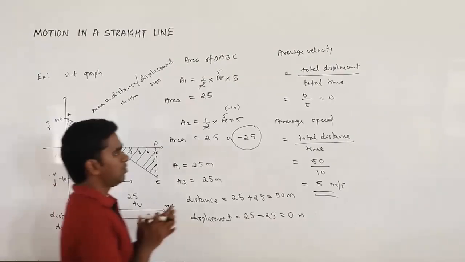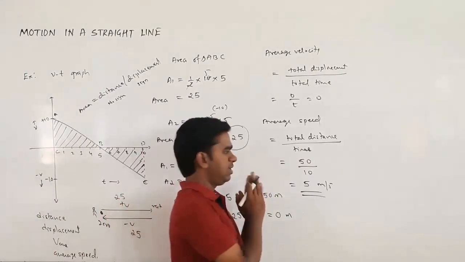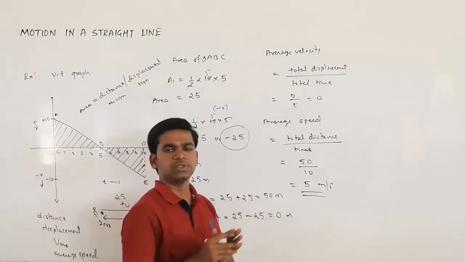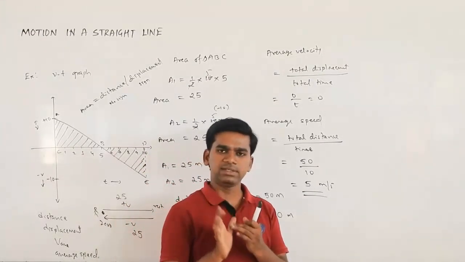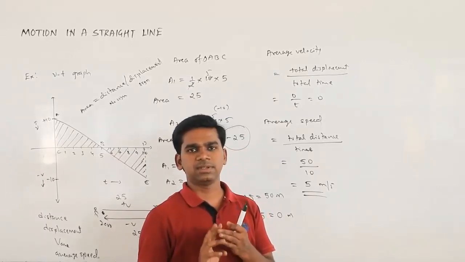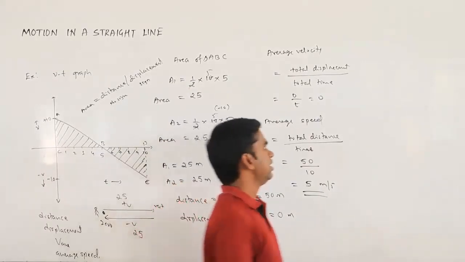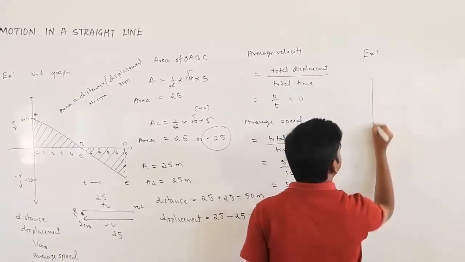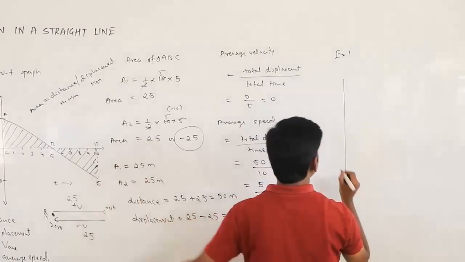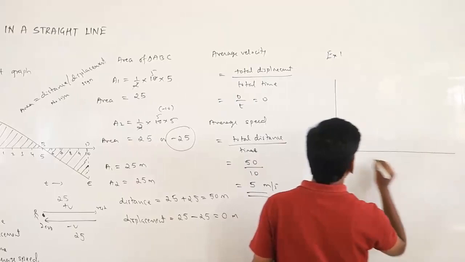Now I will give a similar graph so that you can calculate distance, displacement, velocity, and speed. For example, I will give a simple graph with no negative values. The graph is simply like this.